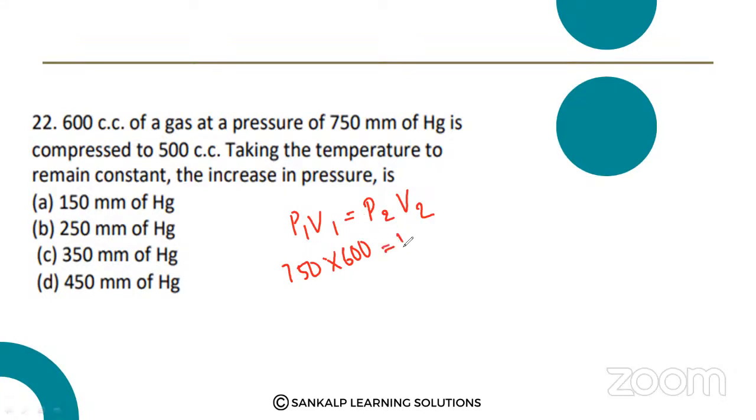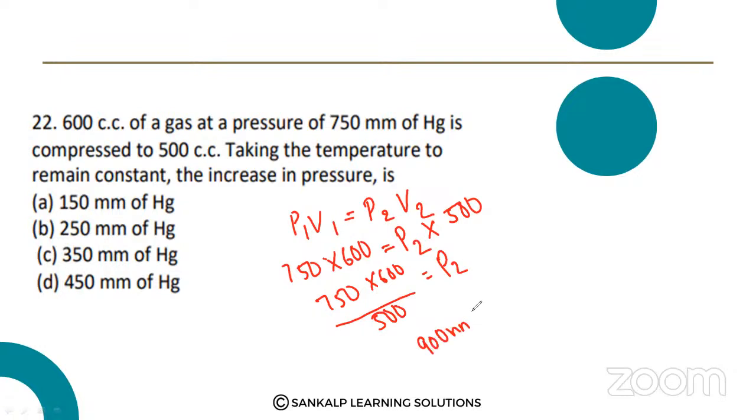You have to find the increase in pressure when it is compressed to 500. So further, this V1 is compressed to 500. How much do you get? P2 is equal to 900, right? 900.